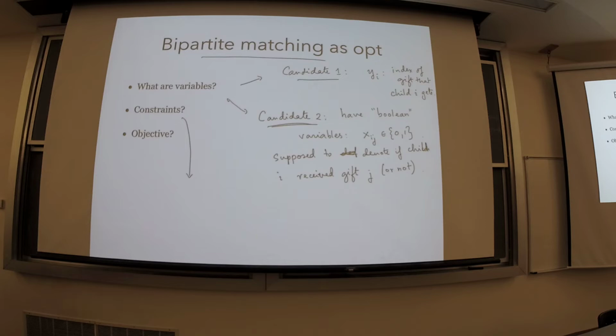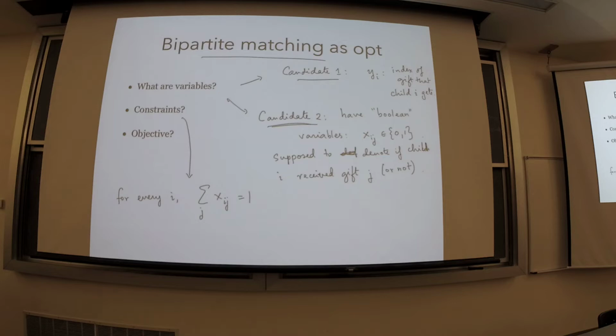So here the constraints, like what I mentioned, are exactly that for every i, every child must get exactly 1 gift. Right? So we have the sum over j of xij equal to 1. So this is one constraint that any feasible solution must satisfy.